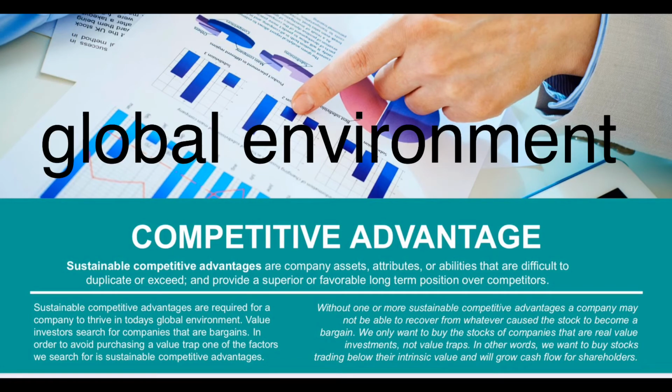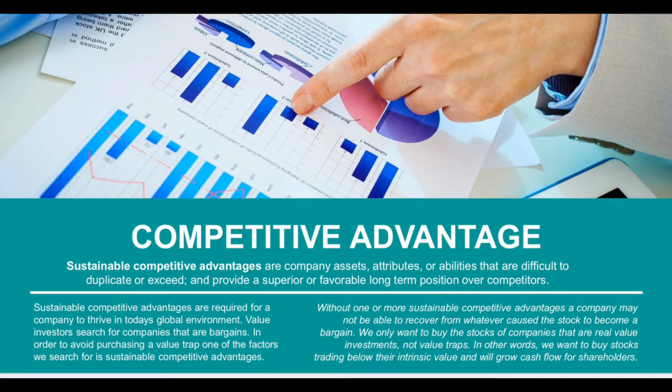Value investors search for companies that are bargains. In order to avoid purchasing a value trap, one of the factors we search for is sustainable competitive advantages. Without one or more sustainable competitive advantages, a company may not be able to recover from whatever caused the stock to become a bargain.